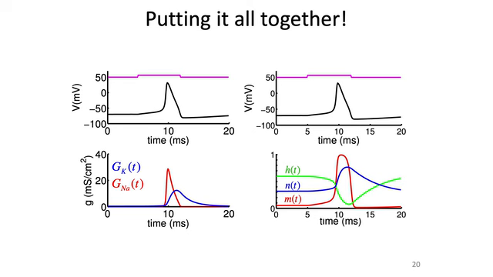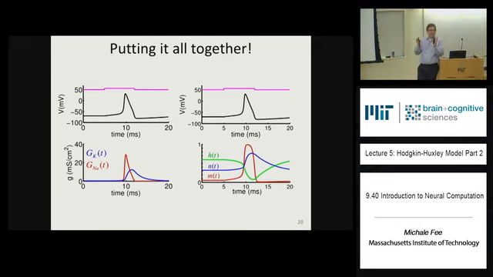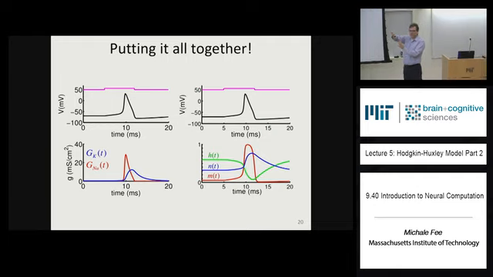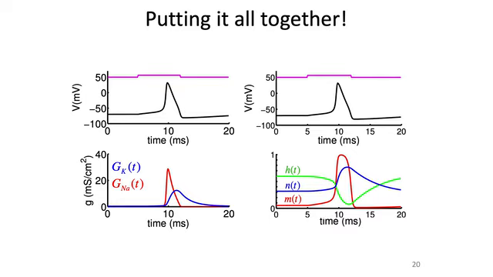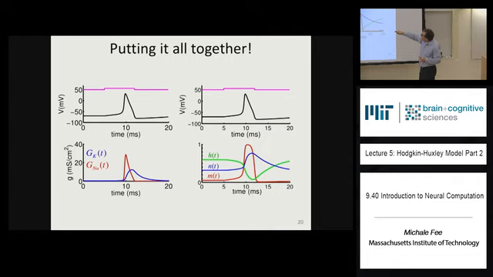Then what happens is during that whole time, N is, at this depolarized voltage, the potassium channel is starting to open. N grows, potassium conductance turns on, and that starts hyperpolarizing the cell.